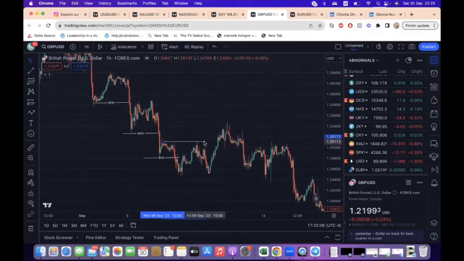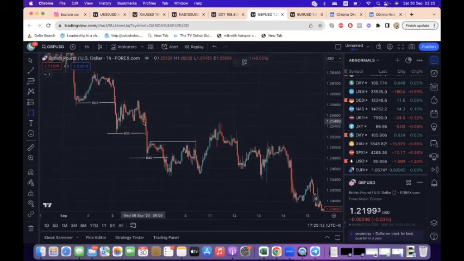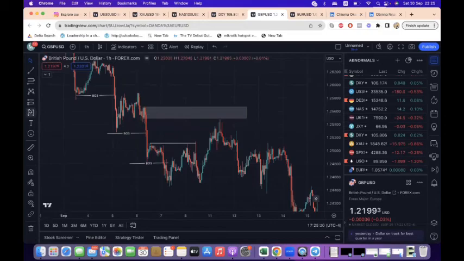Now, what are you targeting? You are targeting the next structure for your point of entry, right here. Apart from a point of entry, you also see a fair value gap right here.